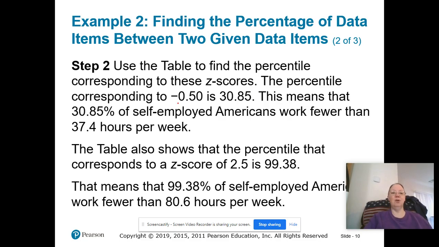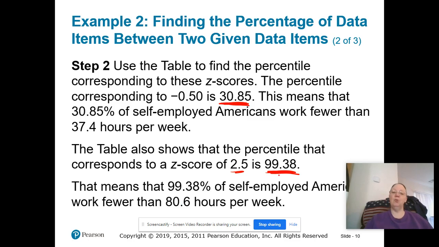If we have a z-score of negative 0.5, then the percentile is 30.85, and that means that approximately 31% work less than 37.4 hours. And then the table for 2.5 is 99.38. So 99.38% of self-employed Americans work fewer than 80.6 hours.